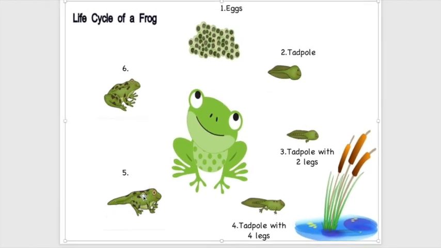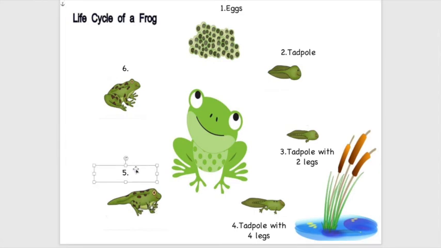Okay, what about over here? On to number 5. We had our eggs, our tadpole, tadpole with 2 legs, tadpole with 4 legs. What about this guy? It's called a froglet. A froglet.